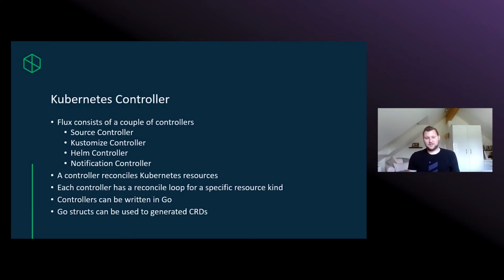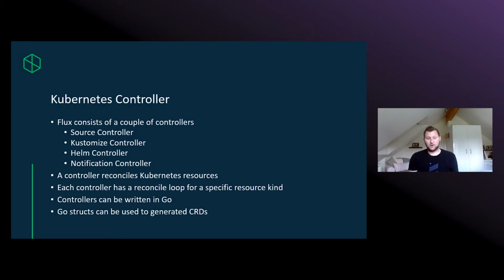So Flux is built around a concept called Kubernetes controllers. Kubernetes controllers is this missing thing that I haven't really described yet, which is the last part of how custom resources works. So Flux consists of a couple of Kubernetes controllers.